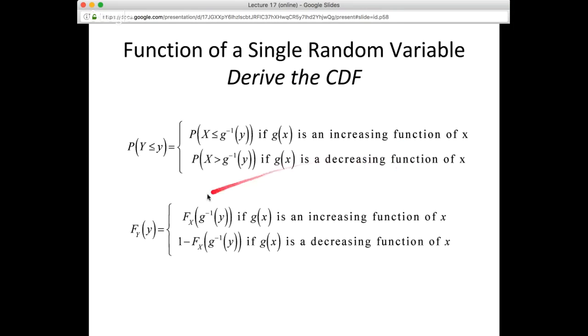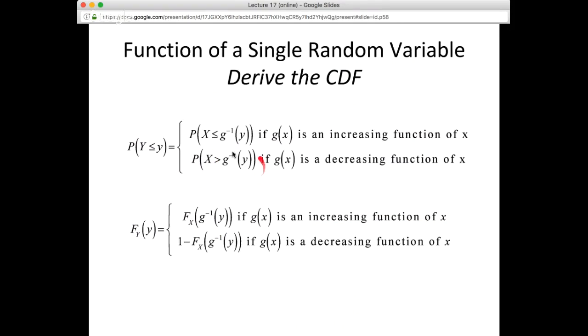And how do those look? I've just used the definition of the cumulative distribution function, which is equal to the probability that y is less than or equal to little y. That's my CDF for the random variable y, evaluated at little y. It's equal to the CDF for x evaluated at g inverse of y, provided that g of x is an increasing function of x.